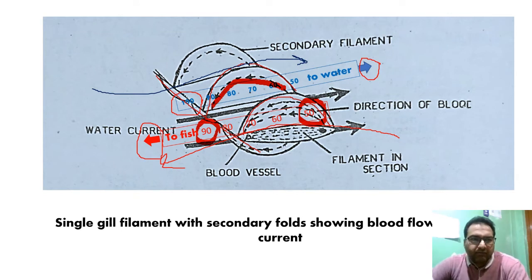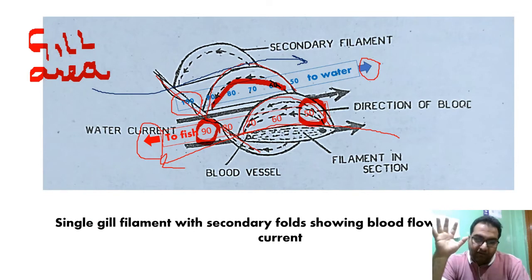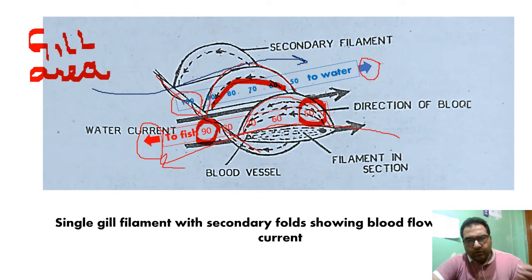Now one important thing I want to tell you is, again, the gill area. I want to make you aware that the relative number and the size of the gill lamellae determine the respiratory area of the gill of a fish.